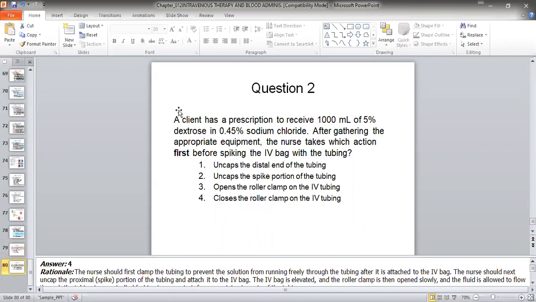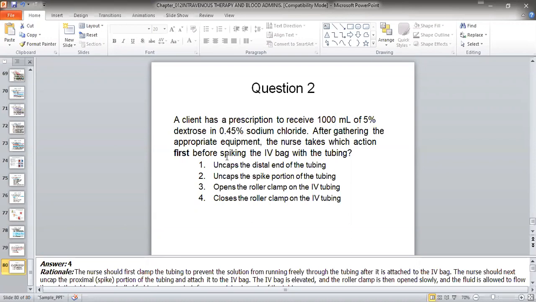What else? A client has a prescription to receive 1000 ml of 5% dextrose in 0.45% sodium chloride.